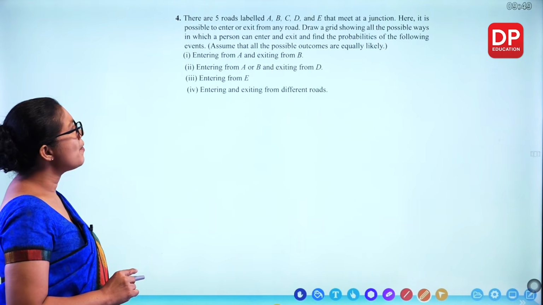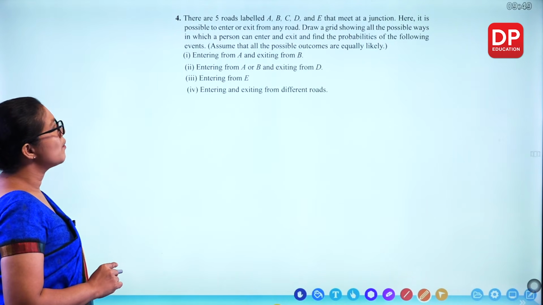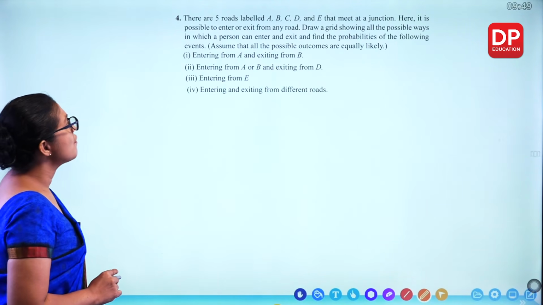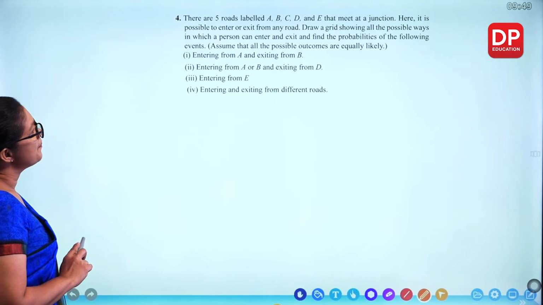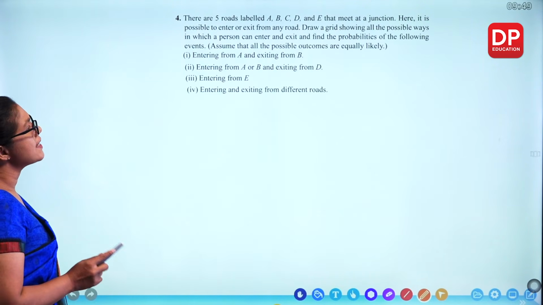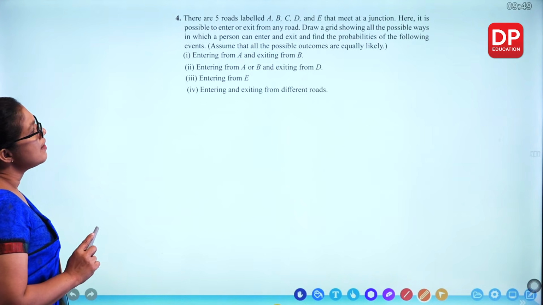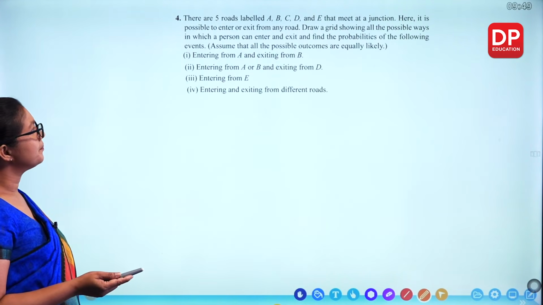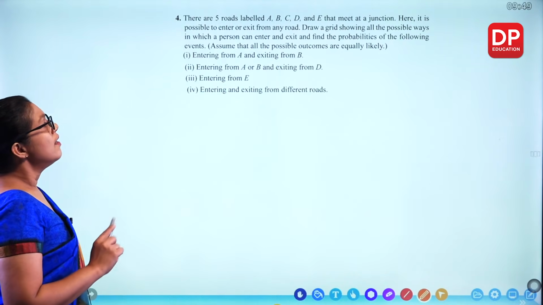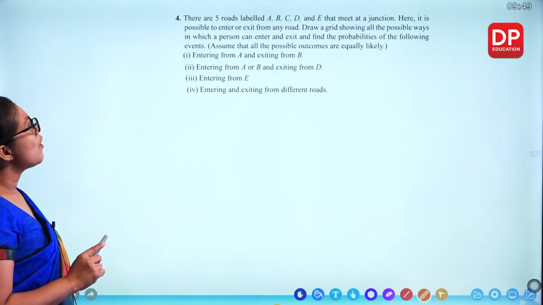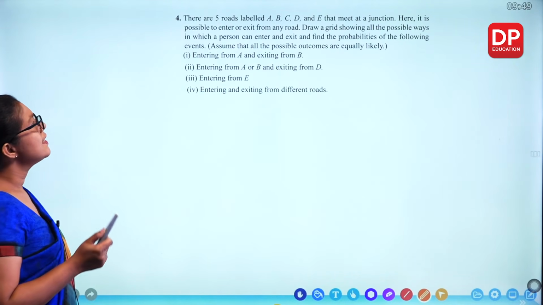Assume that all the possible outcomes are equally likely. Entering from A and exiting from B. Entering from A and exiting from B and D. Entering from E.